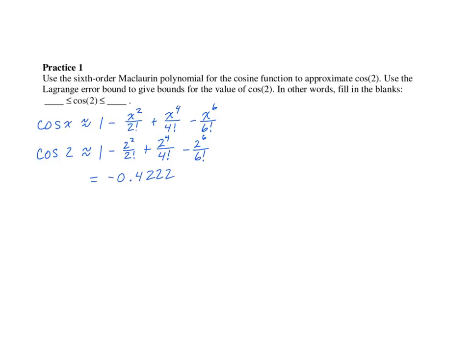Well, since this is a 6th degree Taylor polynomial, we're going to be finding a 6th degree remainder, evaluated at 2. And our remainder has to be less than or equal to the 7th derivative at some number that we don't know, over 7 factorial times 2 minus 0 raised to the 7th power.